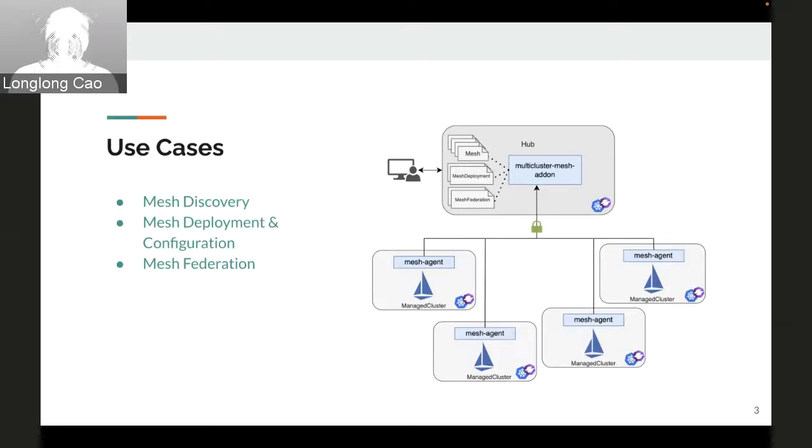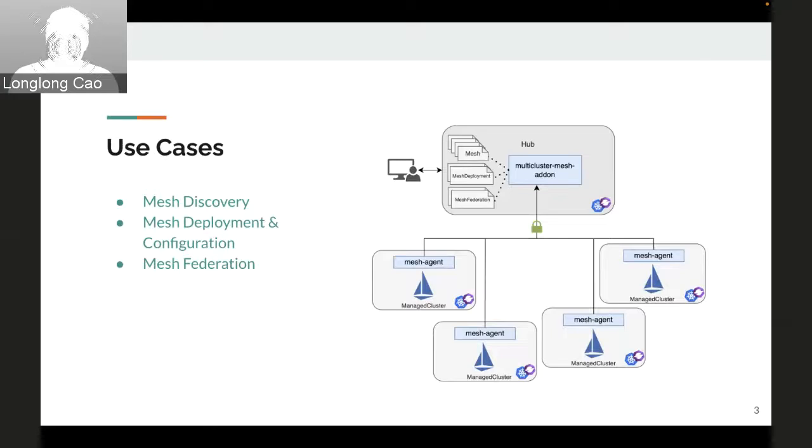For example, if you have a cluster that has already deployed Istio service mesh, and then you join this cluster to the OCM hub cluster, then the mesh add-on should discover this already existing service mesh. So this is mesh discovery.